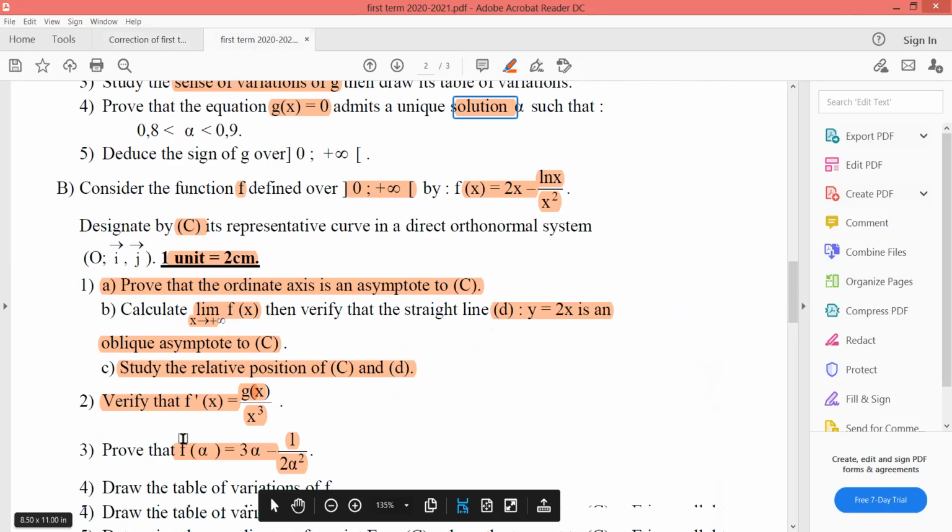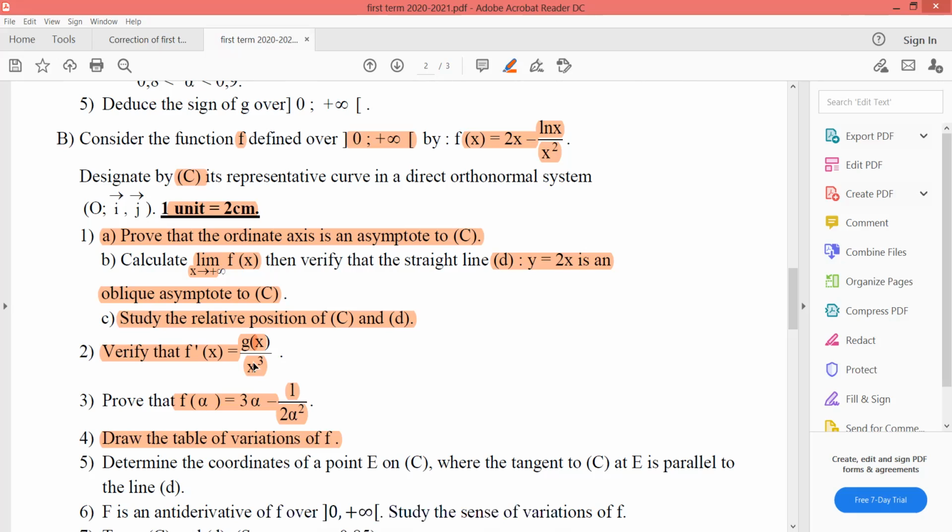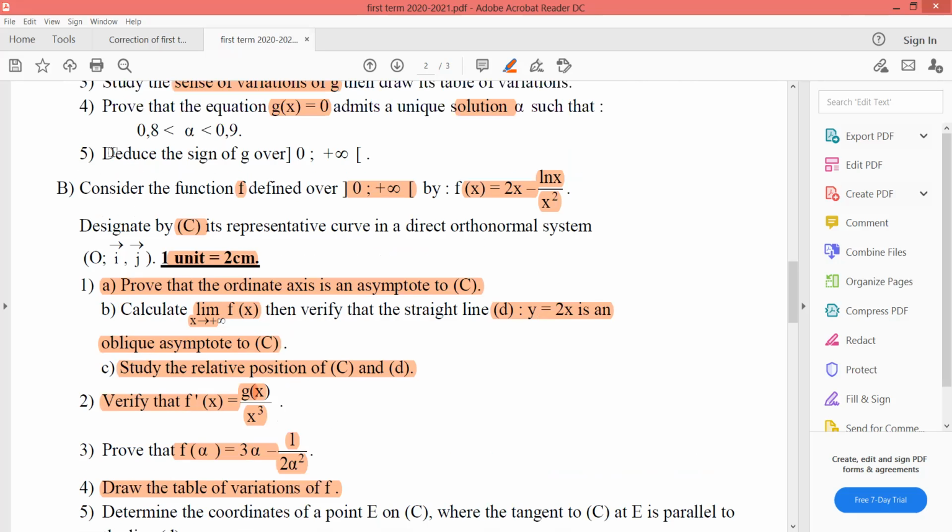Now part 4, draw the table of variations of f. Since we have seen that f prime x equals g x over x cube, and x cube is positive, f prime x takes the same sign as g. Here in part 5, we have deduced the sign of g.